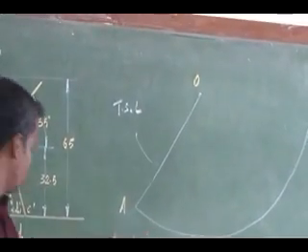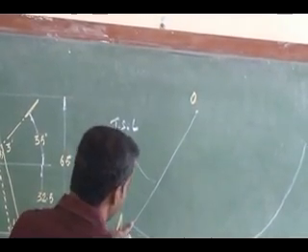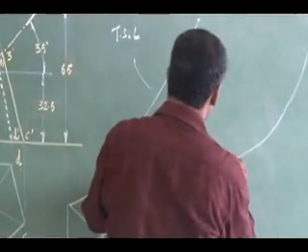Draw an arc like this. Measure 25 mm in your compass, equal to the base side. You get 5 divisions.